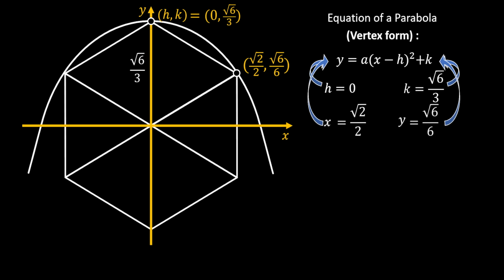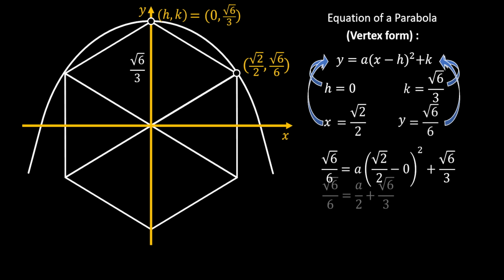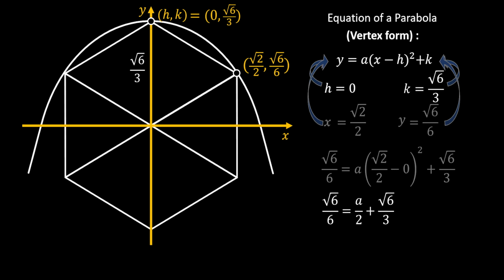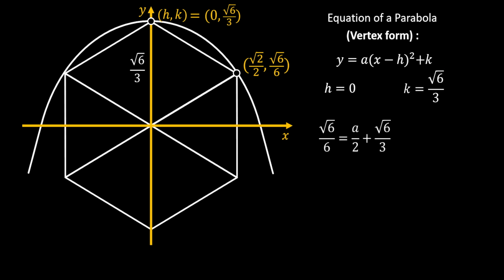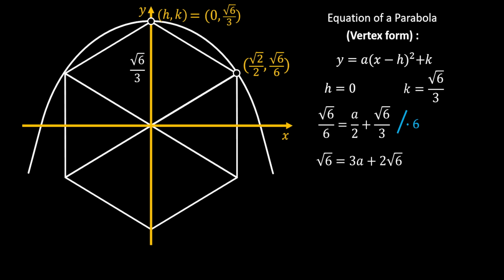If we do this, we will get the following equation. Now, we can simplify this by first squaring everything inside the brackets. Then, we can simplify some more by multiplying everything by 6 and getting rid of the fractions. And finally, when we work through this, we will get that a is equal to negative square root of 6 over 3.